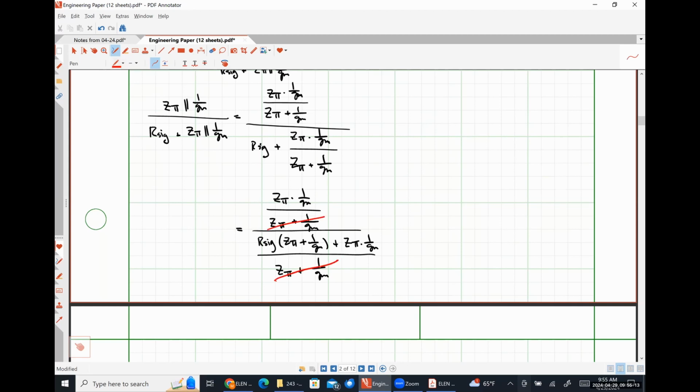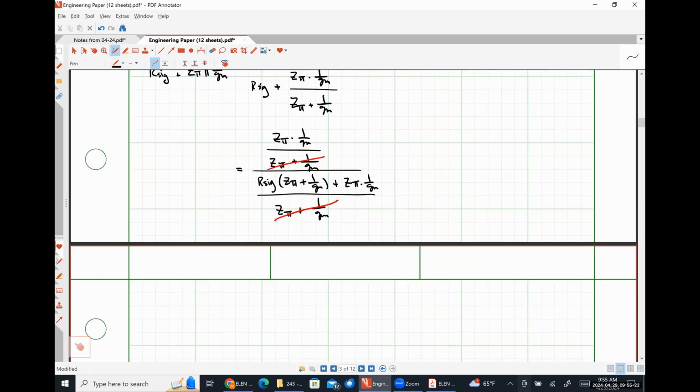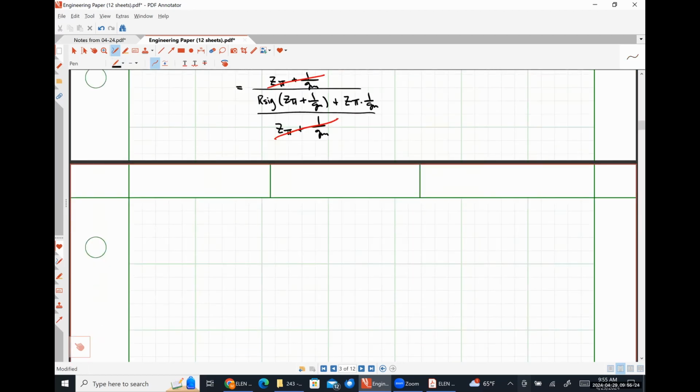The denominators of both functions, or the numerator and the denominator, cancel out. And so that leaves me with Z pi times 1 over gm divided by R sig times Z pi plus 1 over gm plus Z pi times 1 over gm.